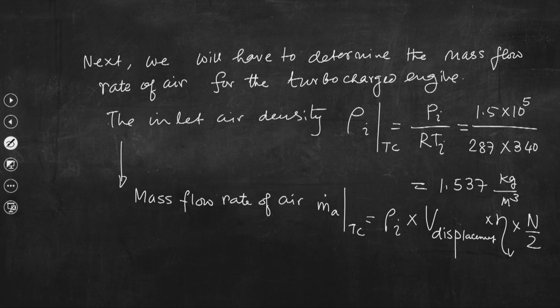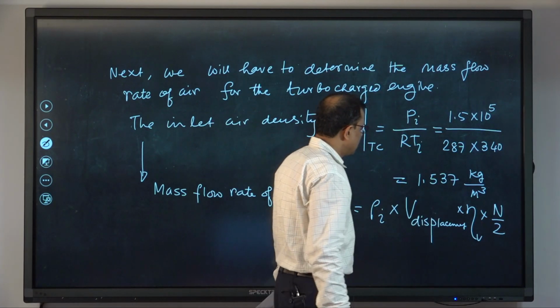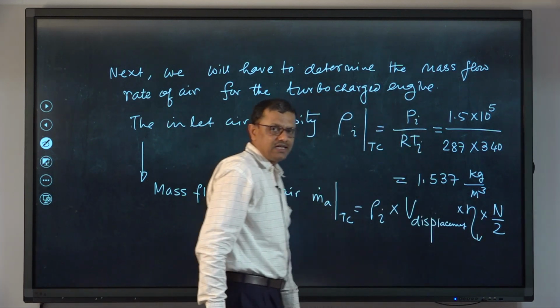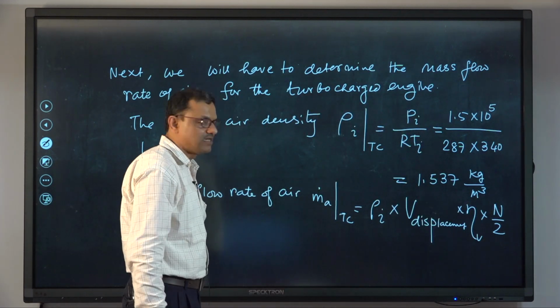We would like to have the mass flow rate per second. Density is kg per meter cube; if you multiply with the displacement volume in meter cube, you get kg, but we need kg per second. So, cycles per second we need to calculate, and that is n by 2, where n is the RPM. If n is RPM, then we have to divide by 3600.